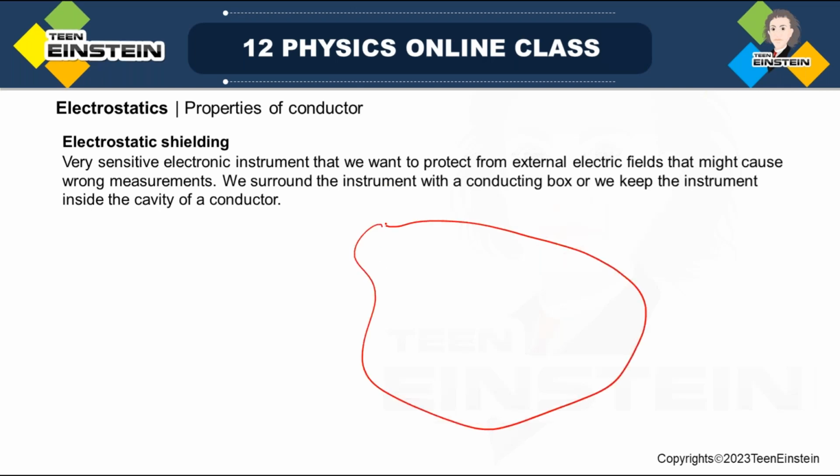If you keep any sensitive instrument inside the cavity of a conductor, say a conducting box, then external fields or external electricity cannot affect it. Sometimes the wrappers we get for electronic instruments have an aluminum or copper coating, because we want to keep the instrument very safe.